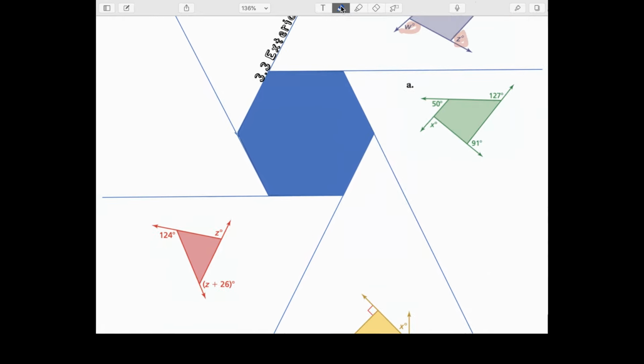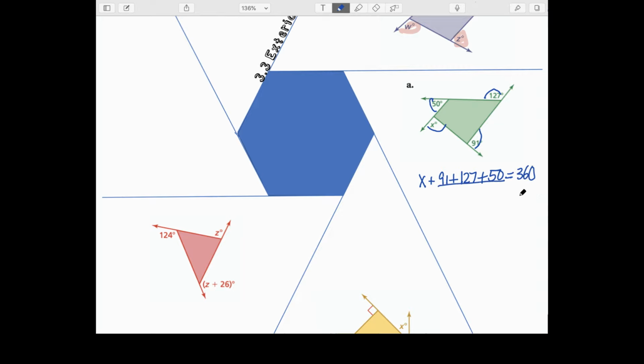This first one, I've got 50, 127, 91, and X. So the sum of the angles: X plus 91 plus 127 plus 50 equals 360.